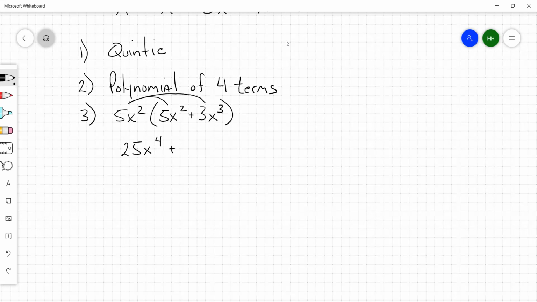That's going to be positive 15x to the 5th. Multiply the numbers in front, add the exponents. But in standard form, your highest exponent goes first. So this has to be reordered to 15x to the 5th plus 25x to the 4th.